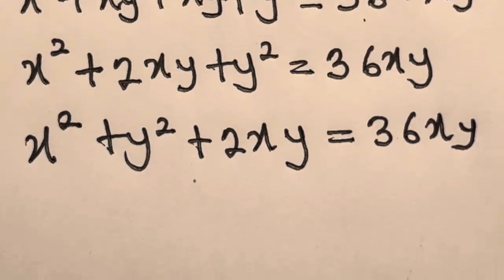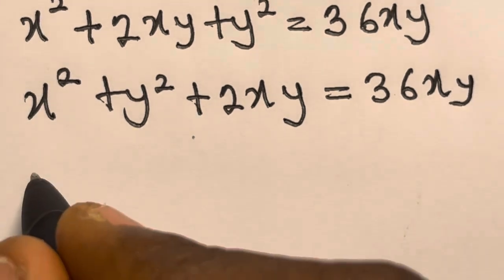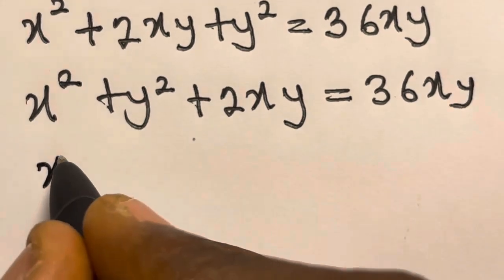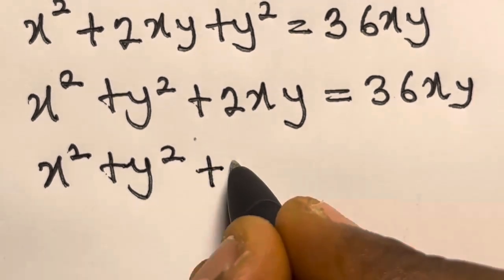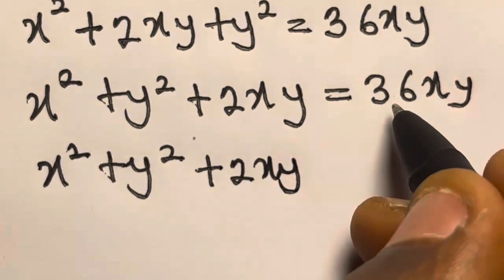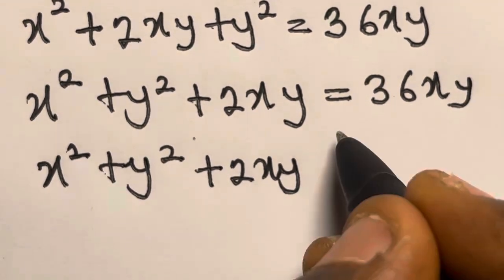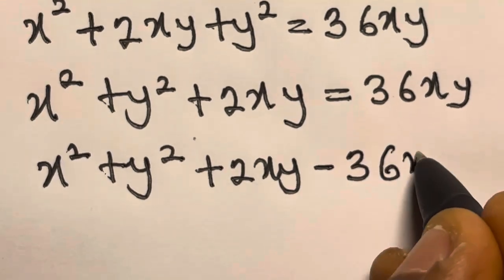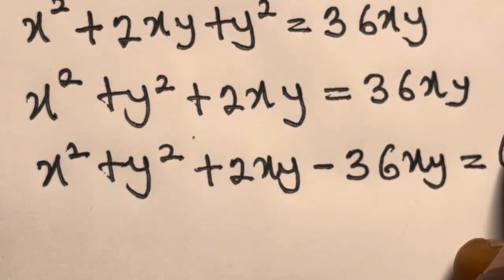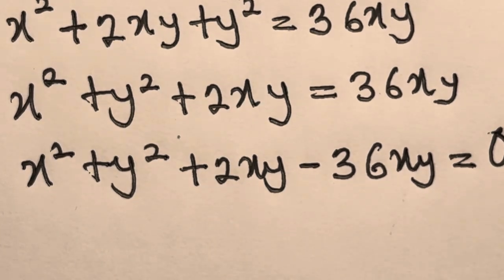And this becomes x squared plus y squared plus 2xy. We transfer this 36xy to this side, it becomes minus 36xy equals 0, right?